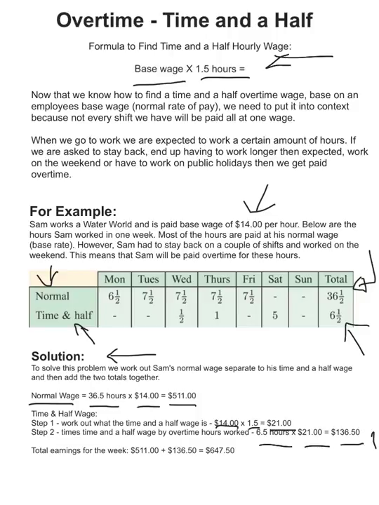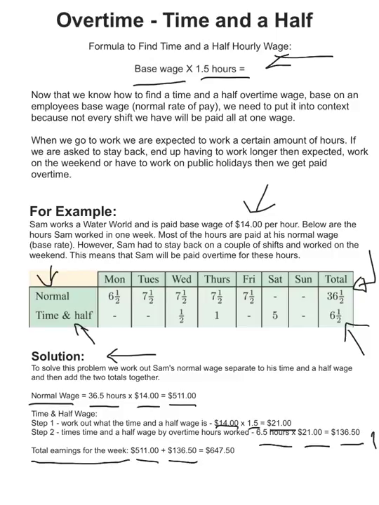So to finish off solving this problem, the very last thing that we need to do is calculate Sam's total earnings for the week. And we do this by using the information that we have just collected in the two previous sums. So we add Sam's normal wage, how much he's going to get paid, which is that $511 at his normal wage, and we add that to how much he is going to get paid for that time that he is working overtime, which is $136.50.